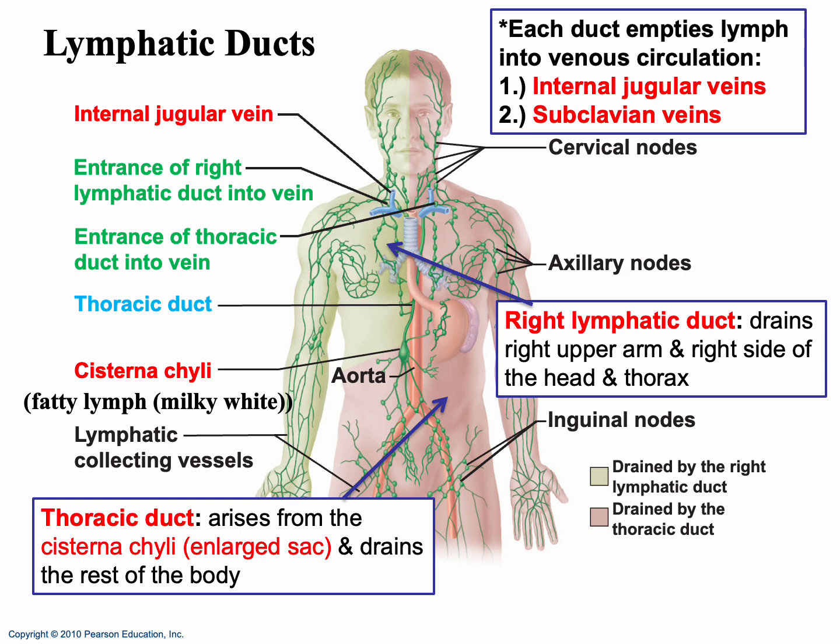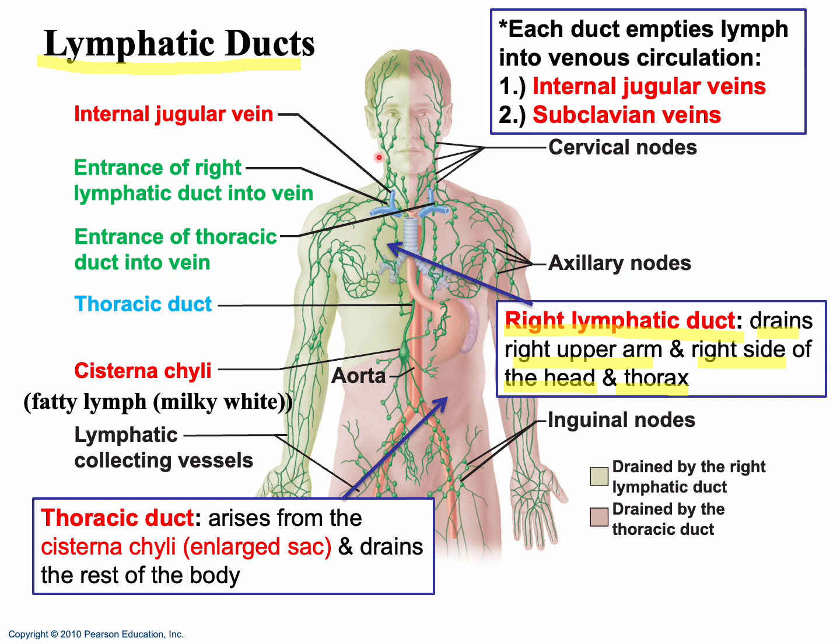All right, now we take a look at the lymphatic ducts. There are two major ducts draining significant parts of the body, of the lymph. So we have the right lymphatic duct, and that's going to drain the right upper arm, right side of the head, and the thorax. So it's the area you see here that's kind of in the green here.